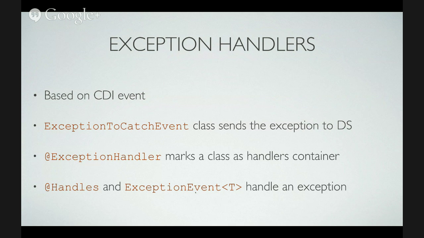After that, you will declare a bean as an exception handler to say, okay, in this bean there are one or many exception handlers, and in each exception handler you will use the @Handles and the exception event to handle an exception. So it will be easier to look at an example.